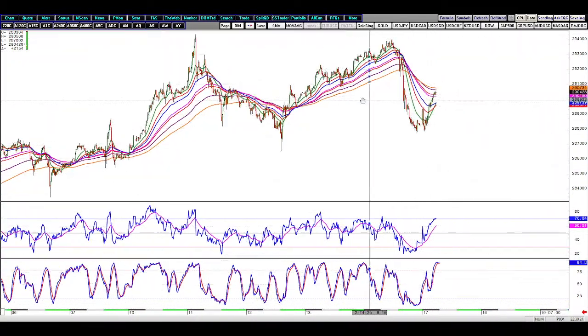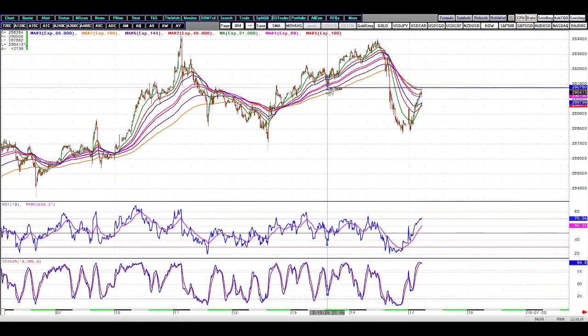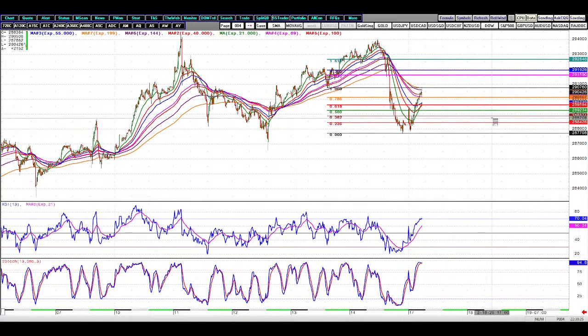Okay, so here I think we should see the price going towards 2921 and turn before that.